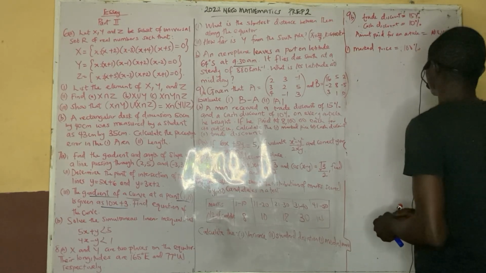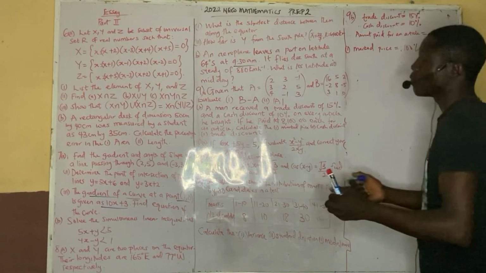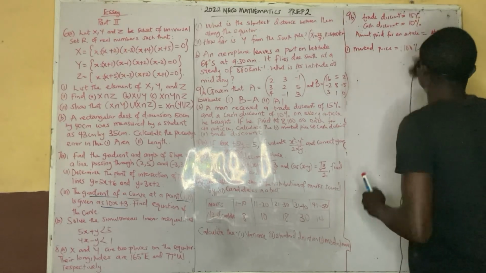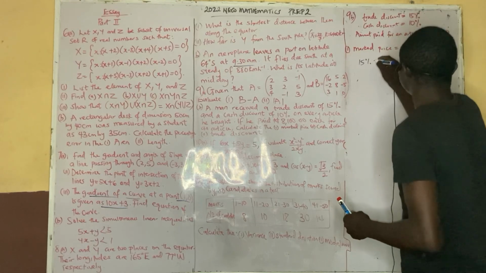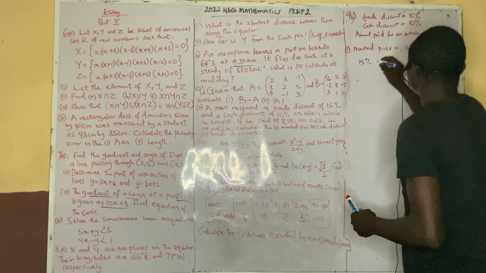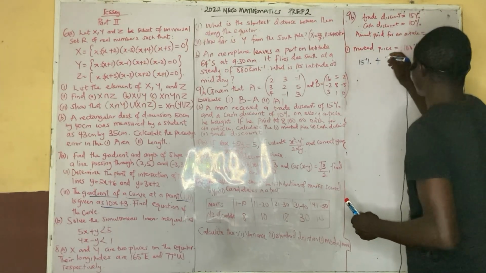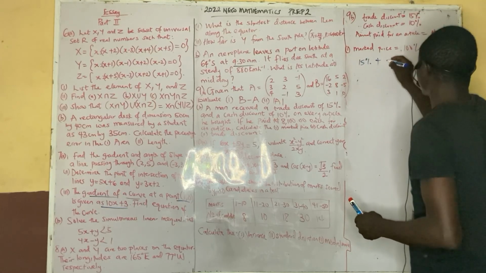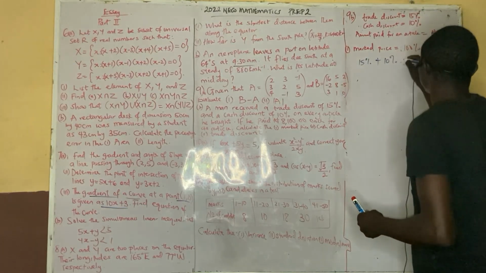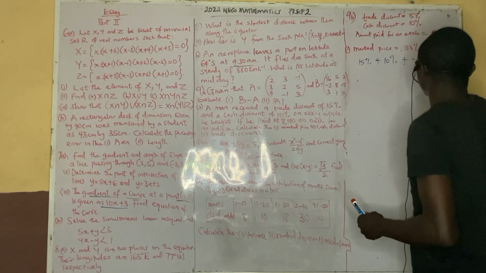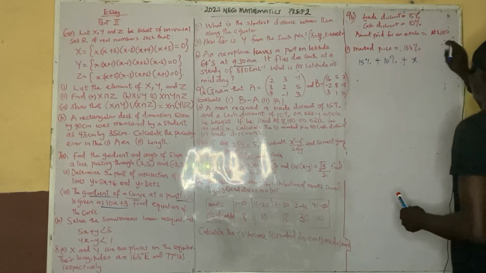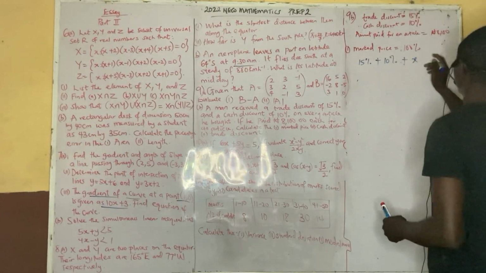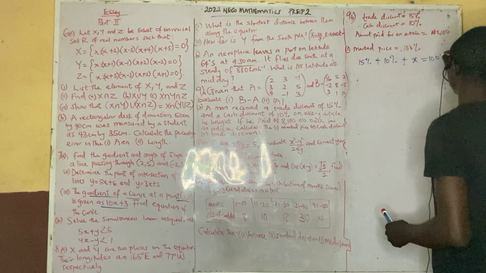So we have 15% for the trade discount and the cash discount is 10%. We make the percentage for the amount paid X. The percentage for the amount paid is X, so it is equal to 100%.